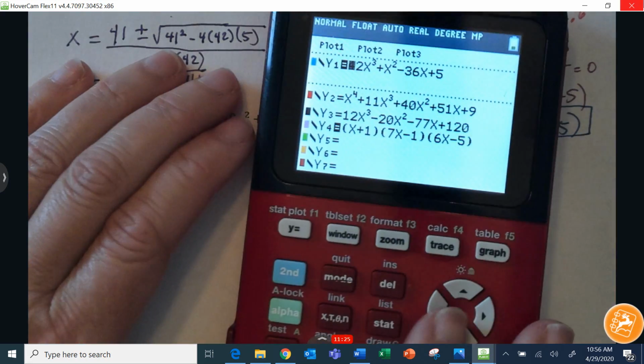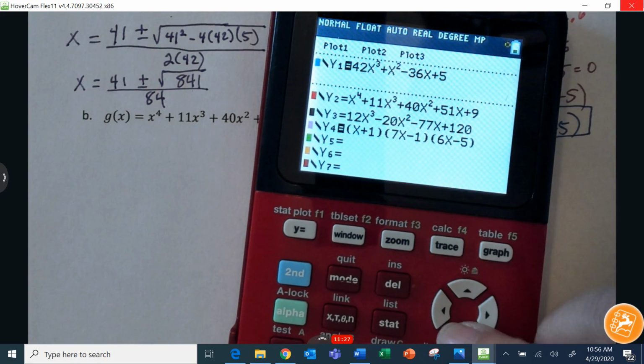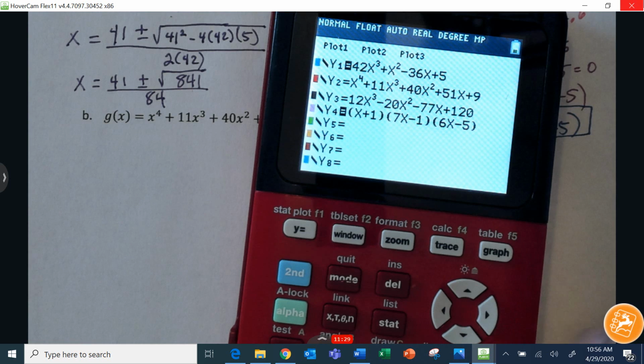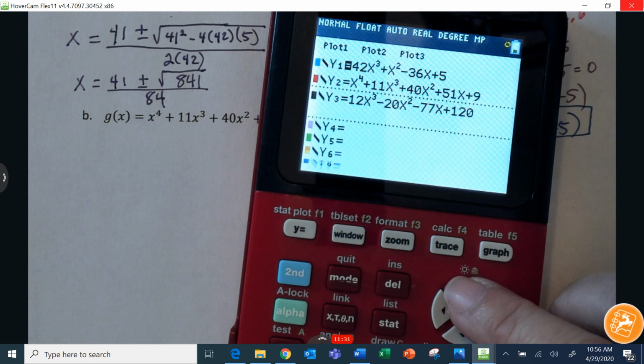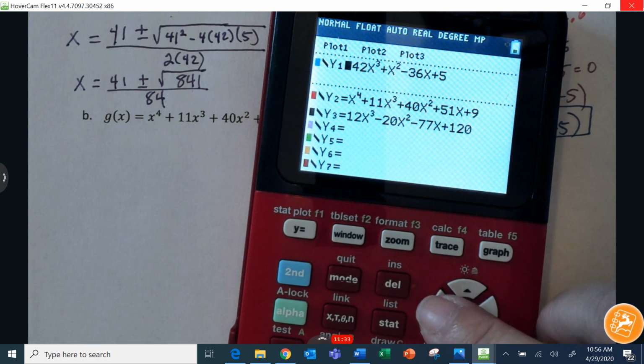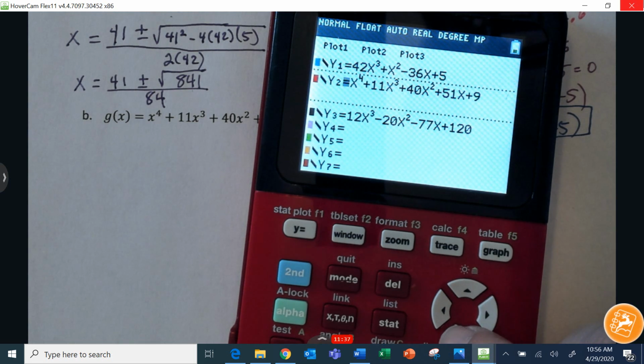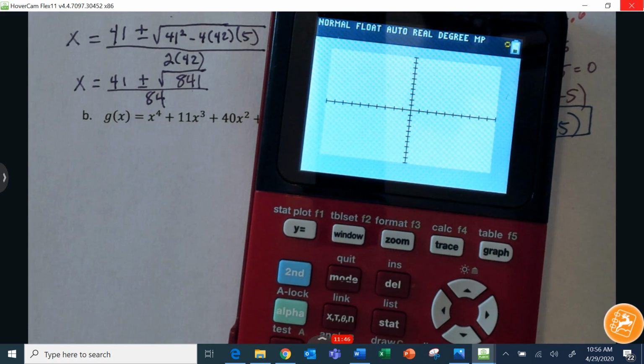So I'm going to go back here, and I don't need this last one anymore, so I'll just clear that. Just in case I need this again, I'm not going to clear it yet, but I'll turn on that equation by hitting the equal sign, and I'm going to graph it.